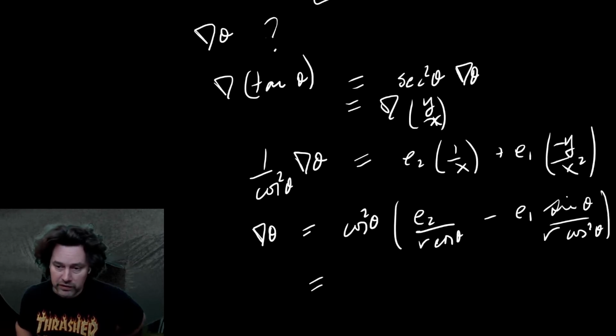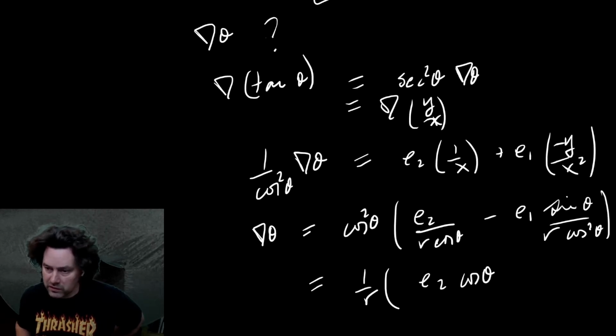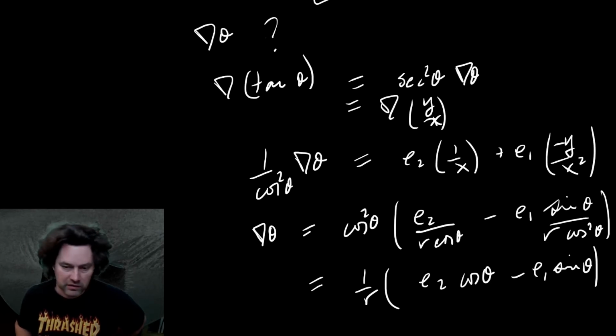So we're left with 1 over r all times e2 cos theta minus e1 sine theta.